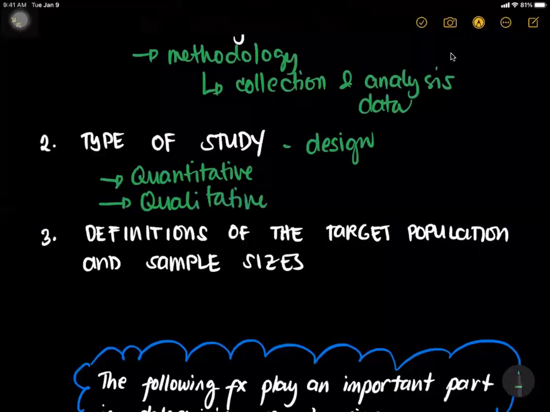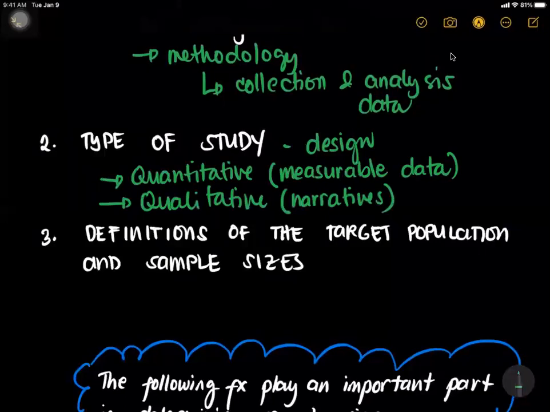So technically, quantitative study talks about measurable data, or in a more common sense, quantifiable or numerical data, while qualitative research is more on narratives. However, if you as a researcher wanted to add rigor to your research study, you might also combine the two for a mixed method. That could also work well in your type of study.